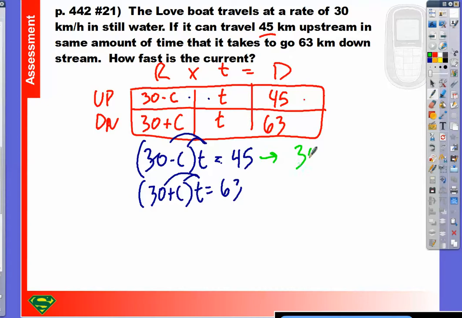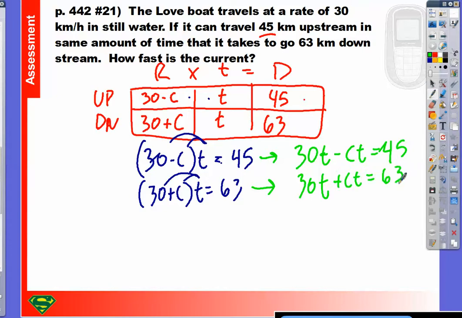All right, so what does this equation equal? 30T minus CT is equal to 45. What does my bottom equation simplify to? Anna? 30T plus CT equals 63. And look at this. Isn't it convenient that the CTs are opposites?